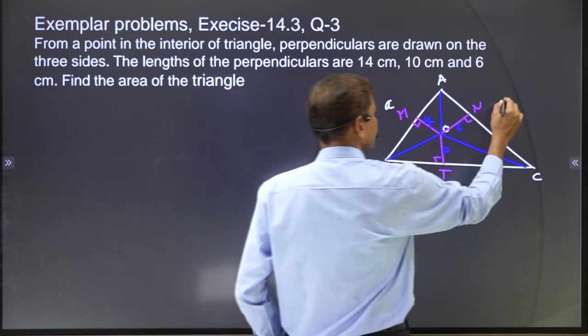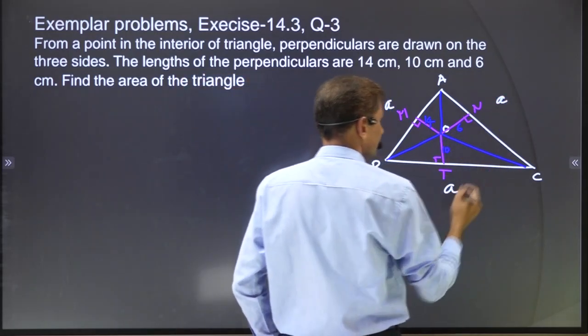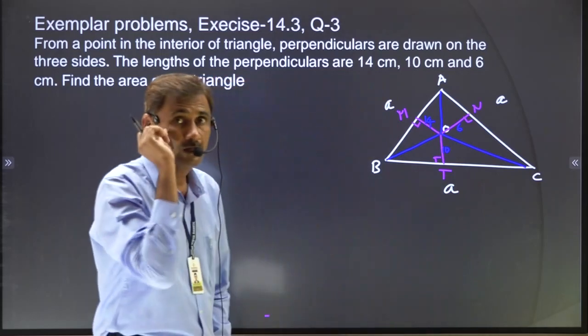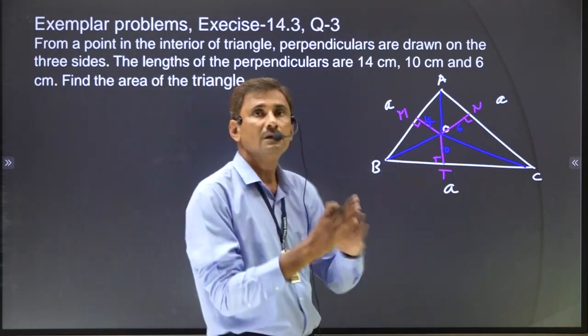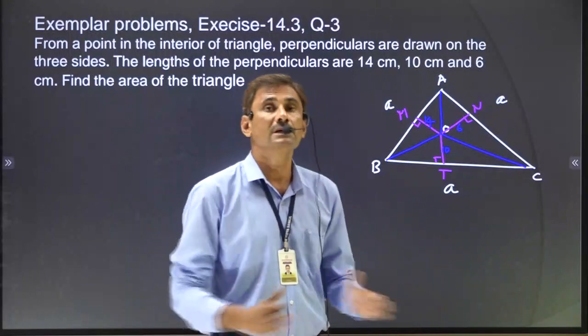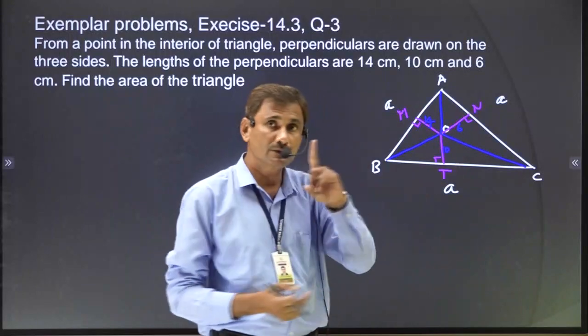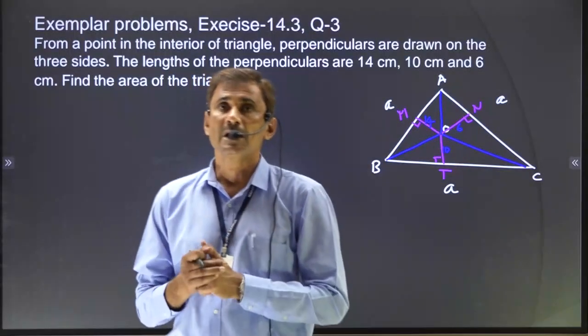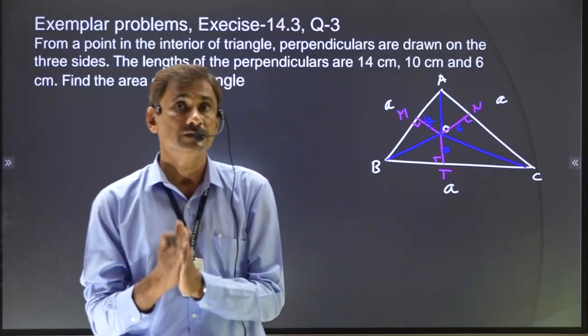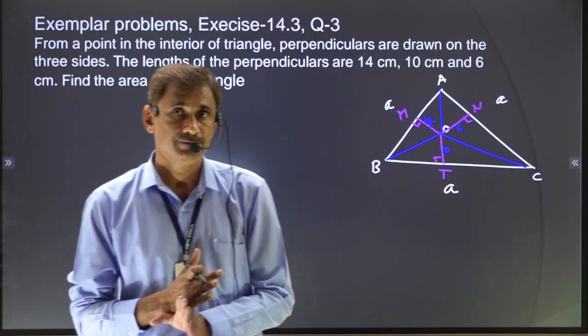So everywhere it is a only. All three sides are equal to a, but all altitudes are not equal, and the three triangles are not equal, because O is not the center. O is anywhere inside the triangle, meaning it is an interior point.